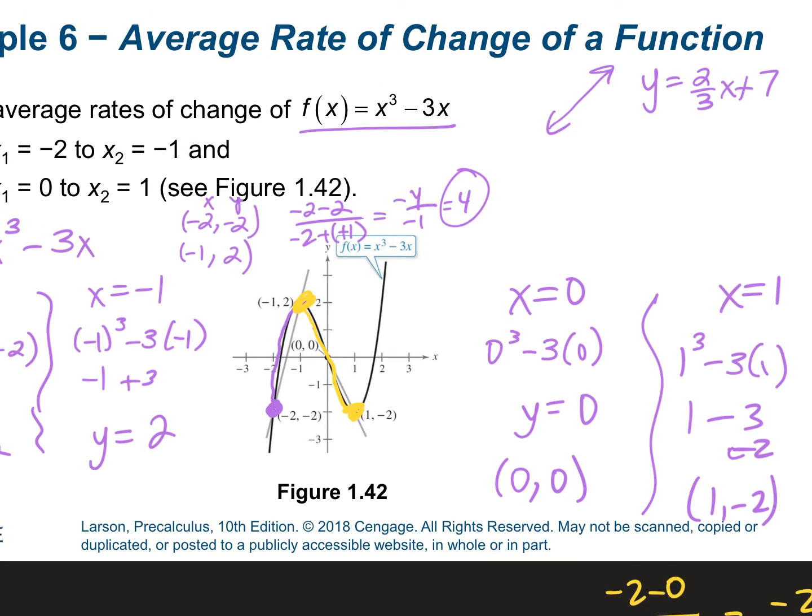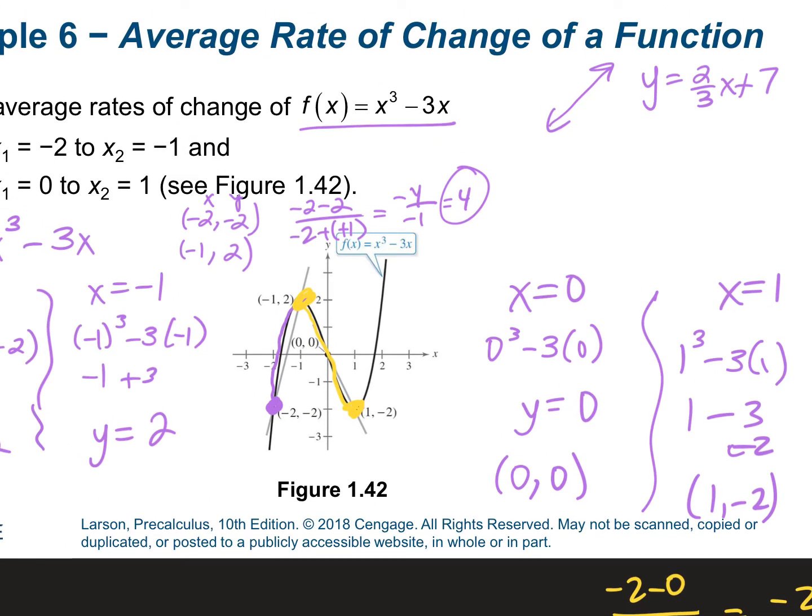It's just understanding that average rate of change is not constant in any function other than a straight line. It'll change. You can have the same algebraic function, like x cubed minus 3x, and for every x value I give you, it'll be different because it's not constant.